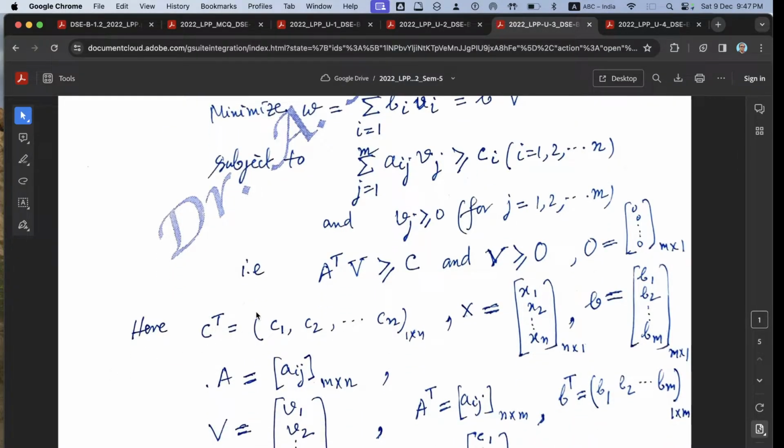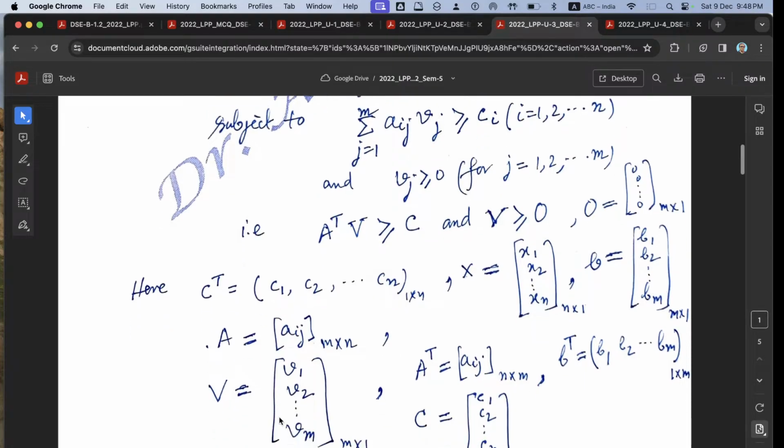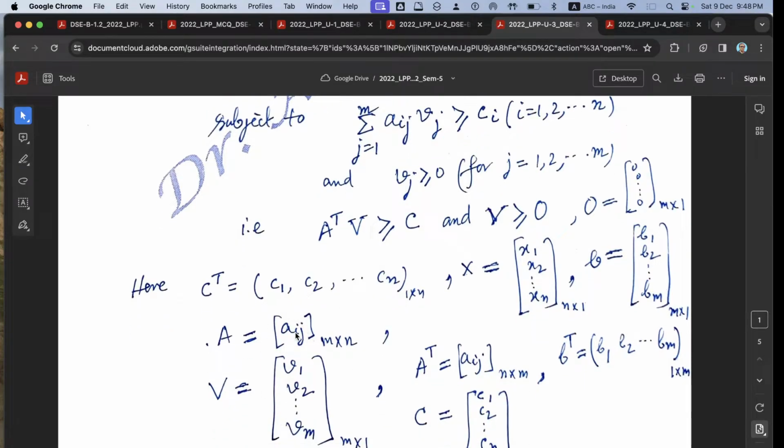Here C transpose is the row vector C1, C2, Cn, within the parentheses, and capital X is the column vector. B is the column vector B1, B2, Bm, an m by 1 vector, and capital A is the coefficient matrix Aij of size m by n, and capital V is the column vector of size m by 1: V1, V2, Vm.